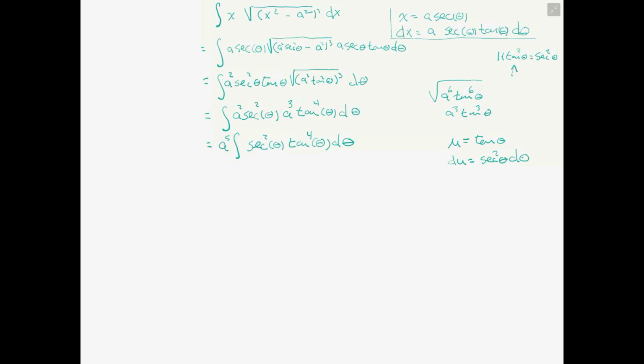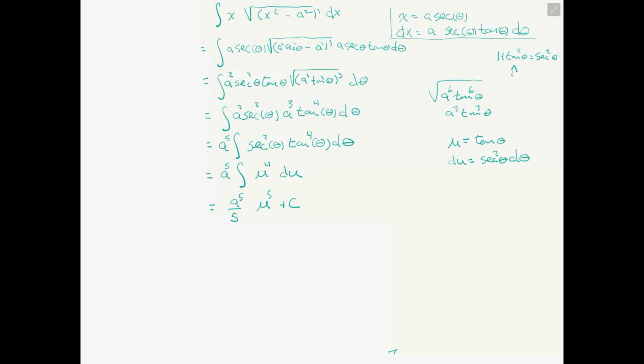We have u to the fourth, so we have a to the fifth, u to the fourth, du. And we've simplified that to a polynomial expression. So now we have a to the fifth over 5, u to the fifth plus c.